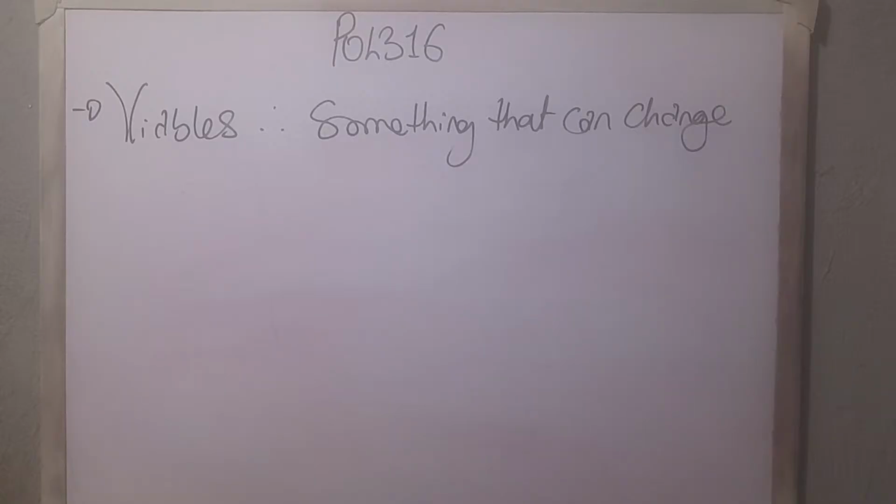But pay attention to this. Talk of variable, talking about something that can change, talking of your age. Speaking of your age, it changes from time to time. Speaking of weather. So speaking of things that can change, they're referred to as variables.